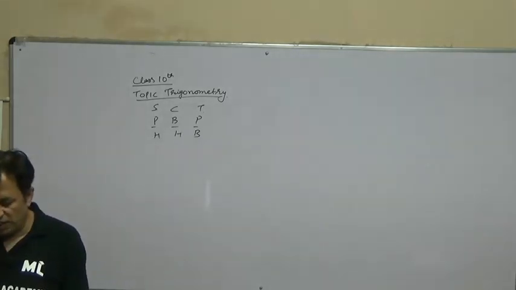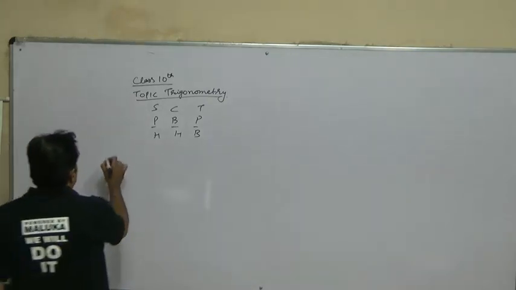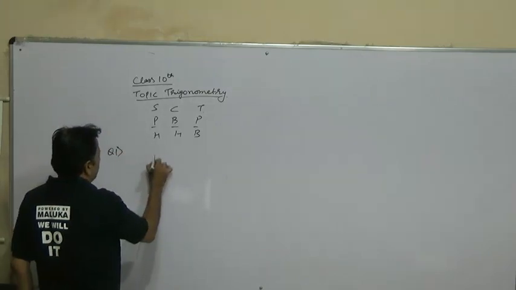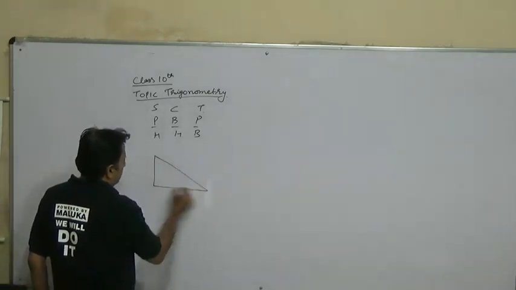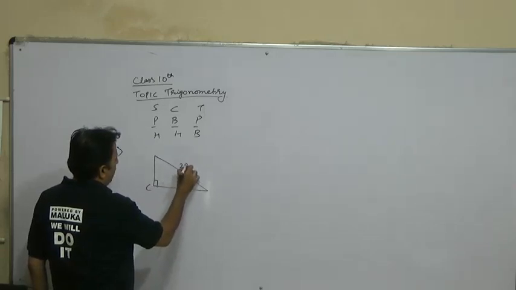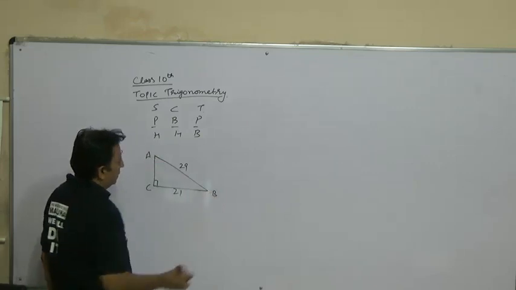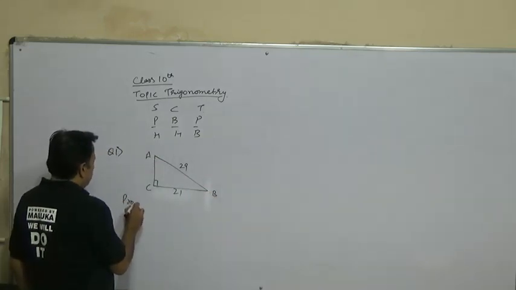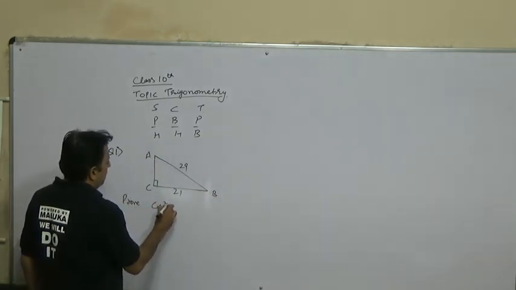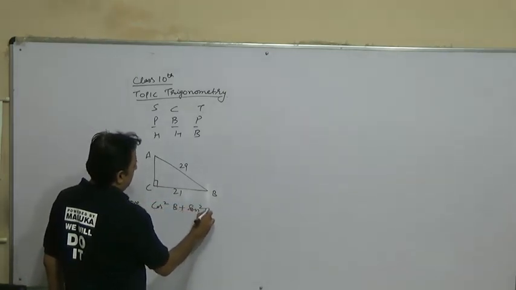So continuing with the same. We have got a triangle ABC, right angle is at C. So this is 29, this is 21. We have to show cos square B plus sin square B is equal to 1.